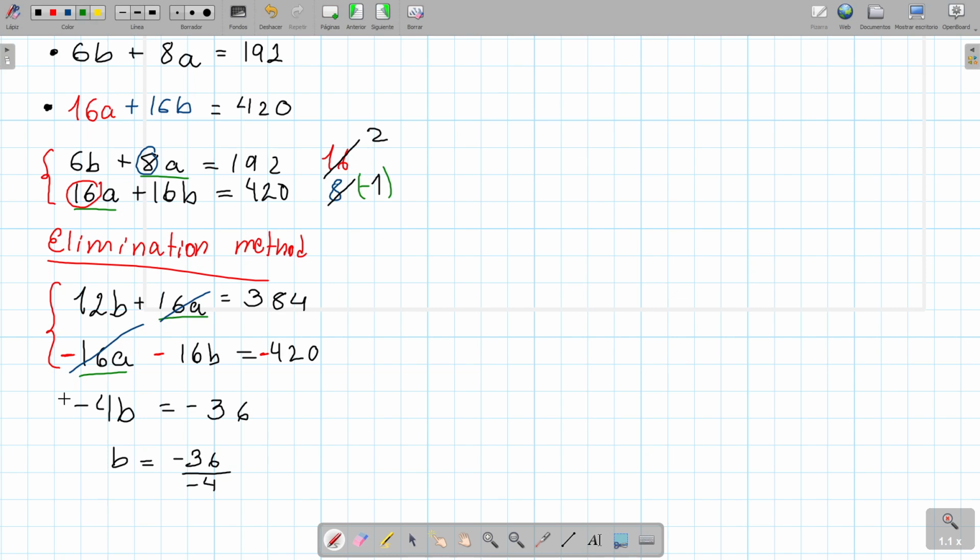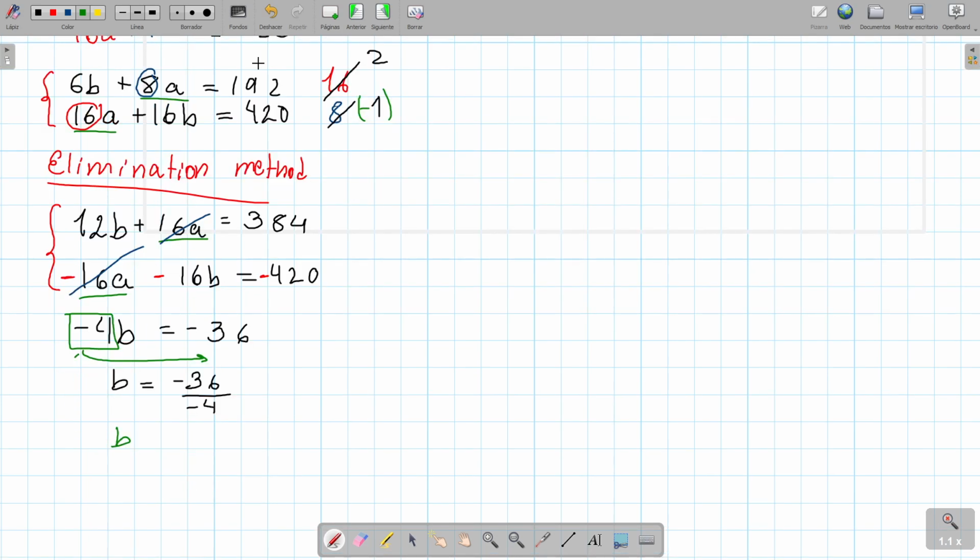I'm taking the whole number with the sign and everything and putting it into a fraction. So minus 36 over minus 4 is just 9. So the length of b is just going to be 9.